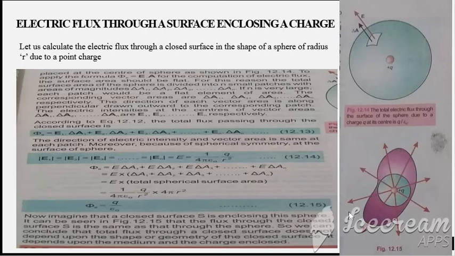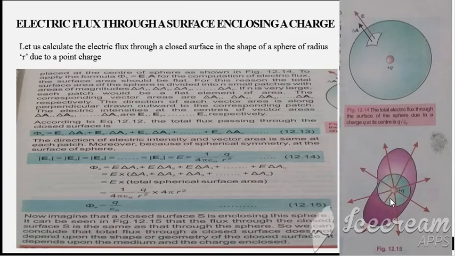This purple closed body is enclosing the sphere. It can be seen in figure 12.15 that the flux through the closed surface is the same as that through the sphere, the green one in the form of a sphere. The flux passing through this is also equal to the flux passing through this irregular shaped body which is containing that sphere.